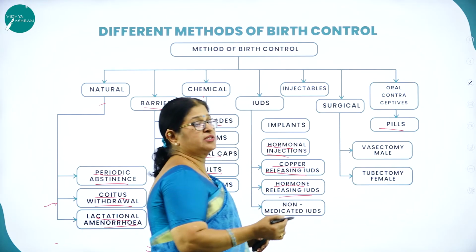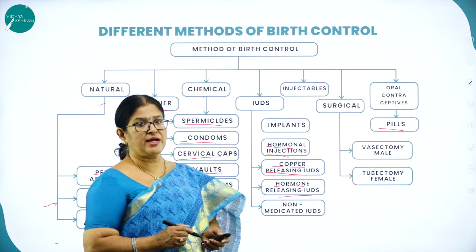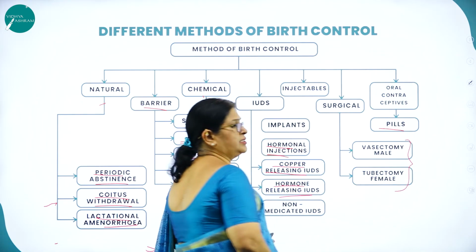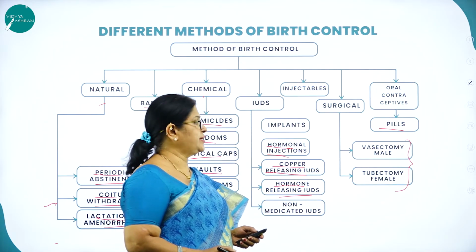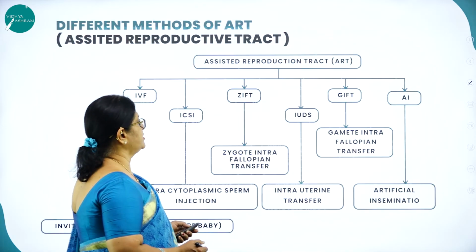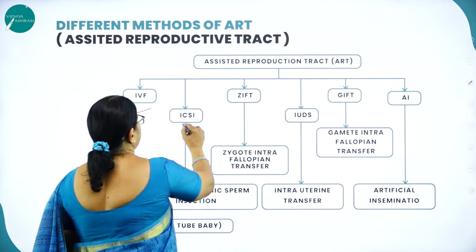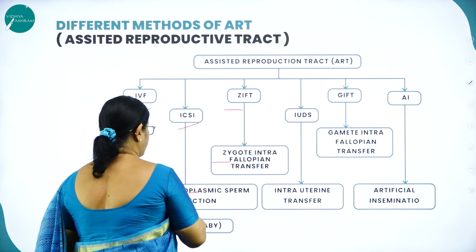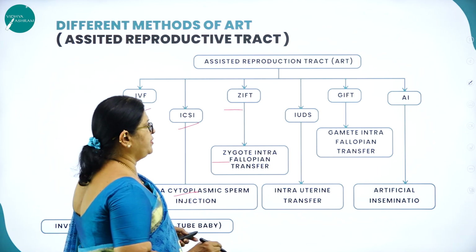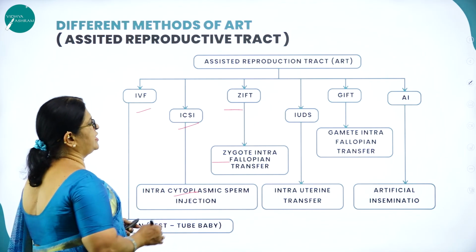I already discussed Saheli, the oral pill developed by CDRI, the Central Drug Research Institute. Then the permanent methods of birth control: vasectomy in males and tubectomy in females. Then we have the assisted reproductive technologies, IVF, ICSI, GIFT, all of which I have already explained, along with AI, artificial insemination, and in vitro fertilization. All these are the ARTs.